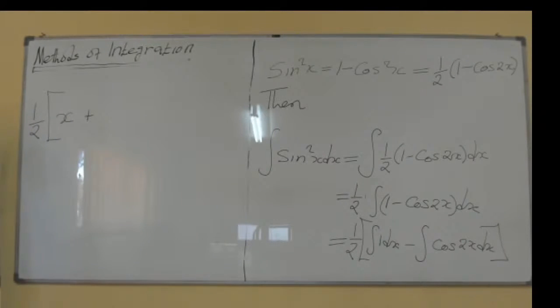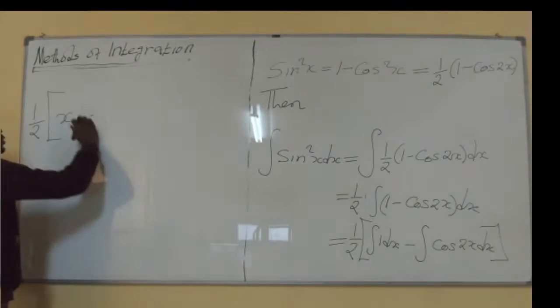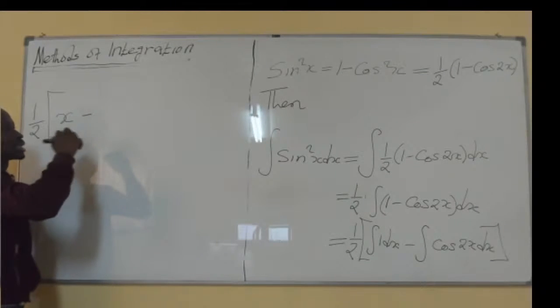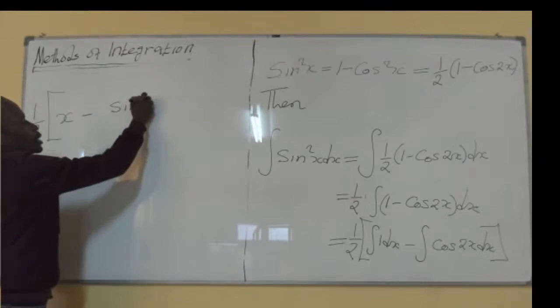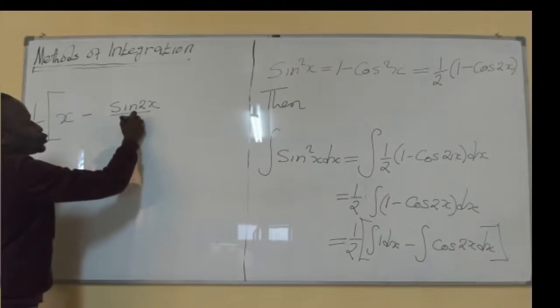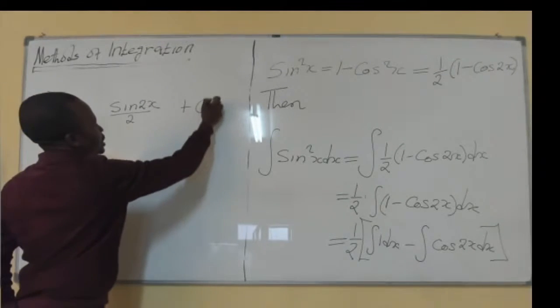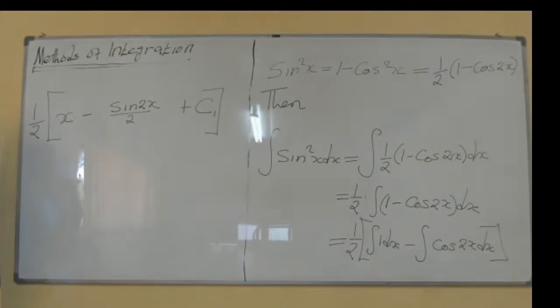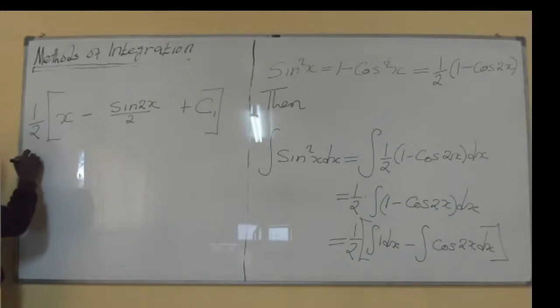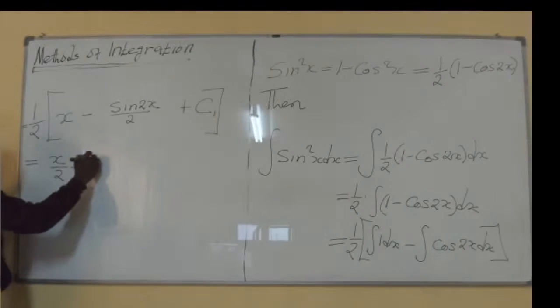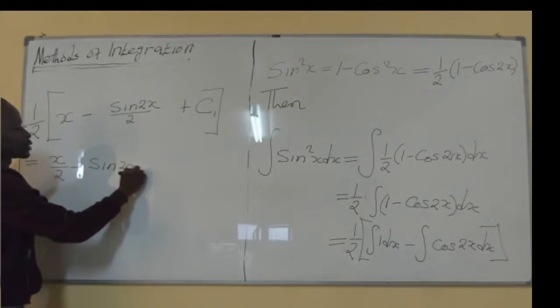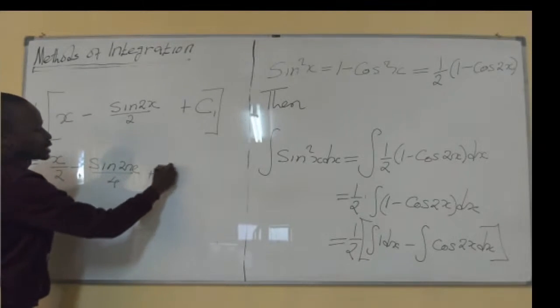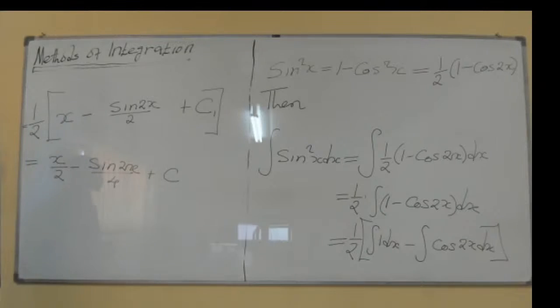If you go back to your formulas, the integral of cos 2x is sine 2x over 2, then plus c. Put it as c1 because we're going to multiply by a half. When we expand, this gives us x over 2 minus the sine of 2x over 4 plus c. Then you're done with your solution.